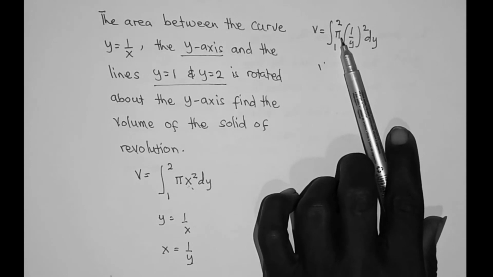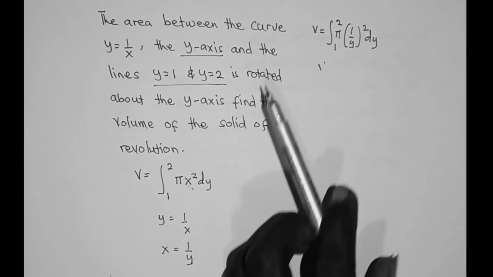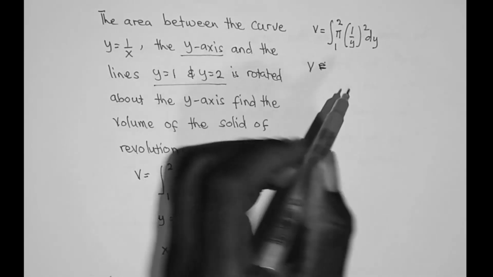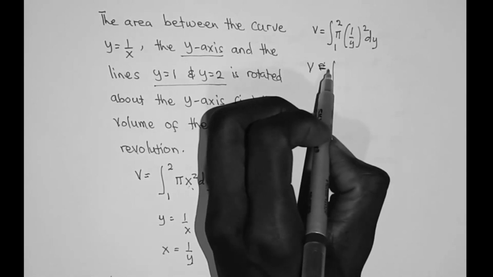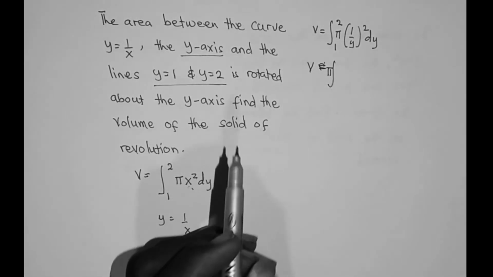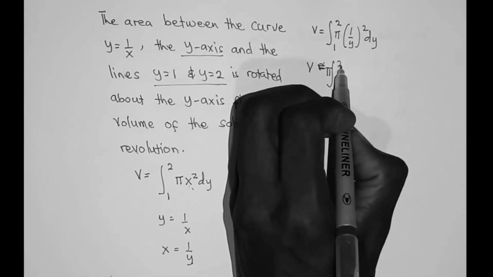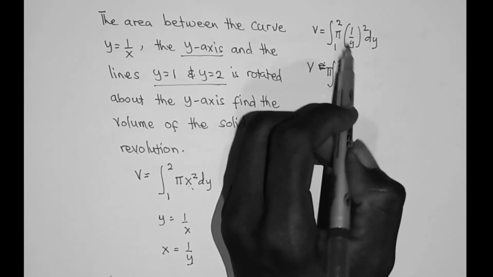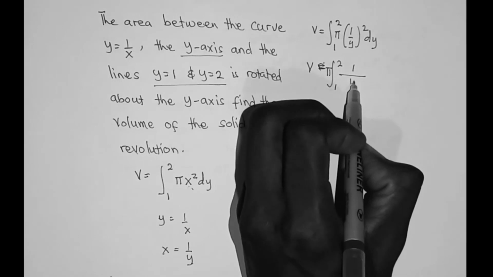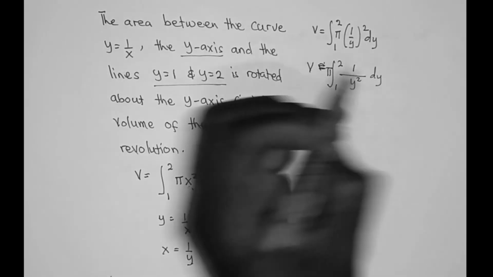Since pi is a constant, I can bring it out of the integration, and therefore V, the volume of the solid generated, equals pi times the integral from 1 to 2 of (1 over y) all squared, which is 1 squared, that is 1 divided by y squared, dy.